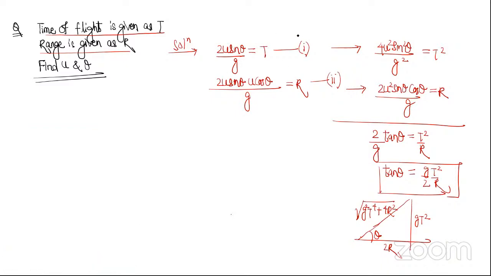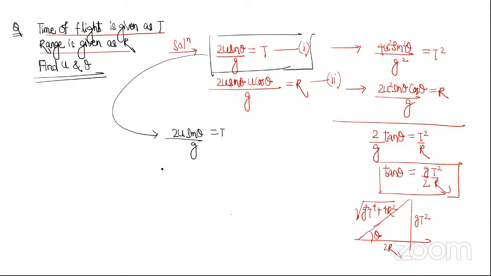So now let's find out u. So how to find u? Take this. So it's 2u sin theta by g equal to t. So u will be gt by 2 sin theta. So this is gt by 2. Now sin theta means it is gt square by under root g square t fourth plus 4r square.